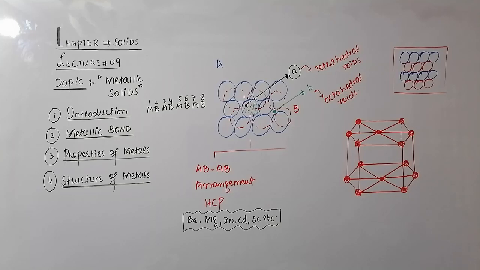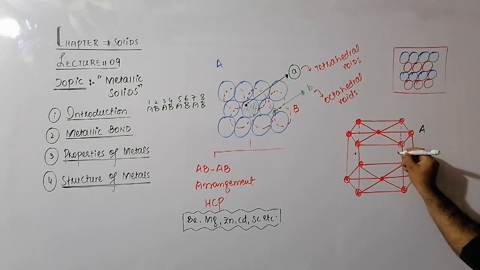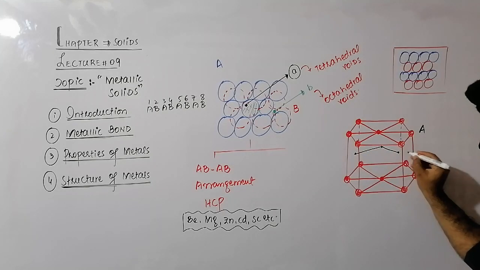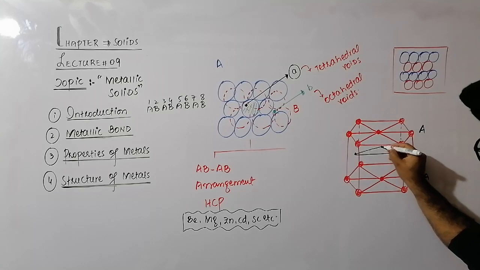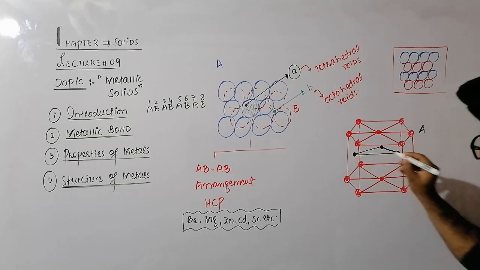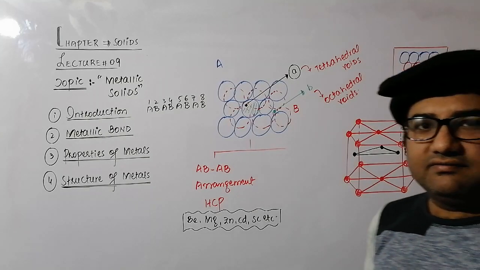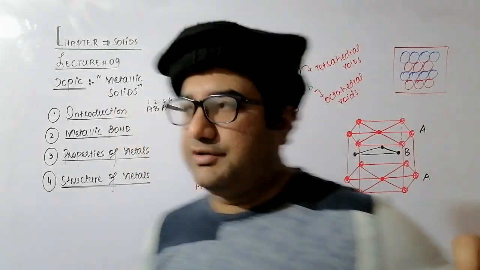So you can see that this one is layer A, and then the third layer is again A. And in between these two layers, there is another layer of atoms, which is shown something like this. And this one is the B layer. So A, B, A, and again the same repetition of the layers takes place. This is the hexagonal close packing.